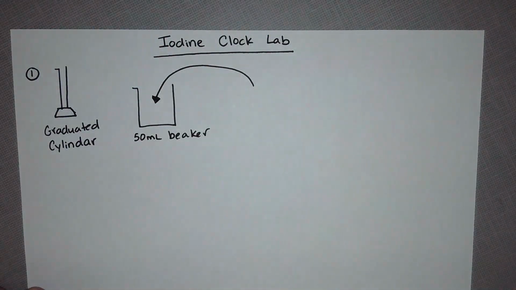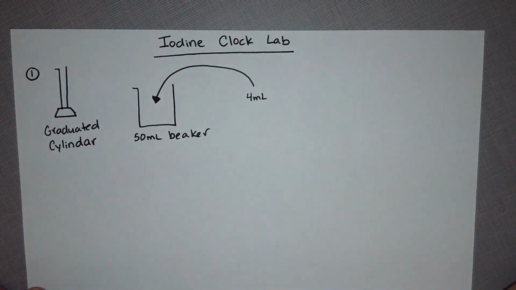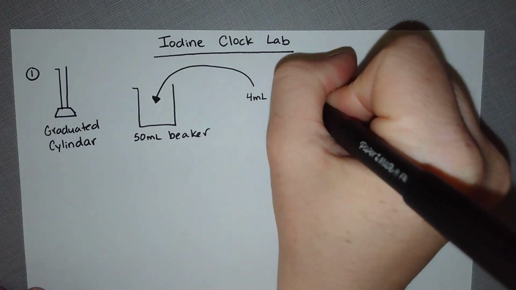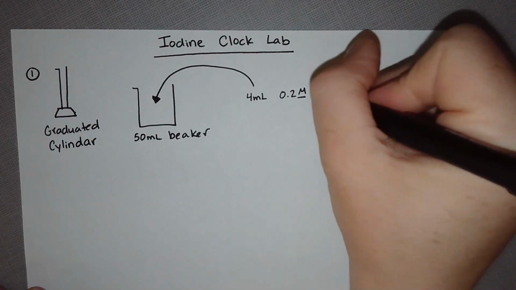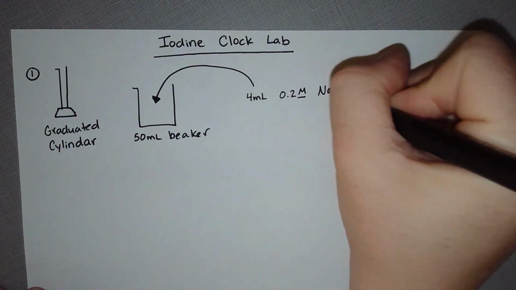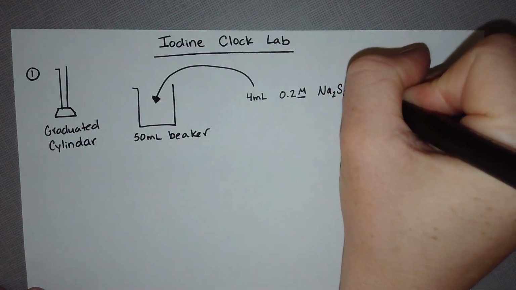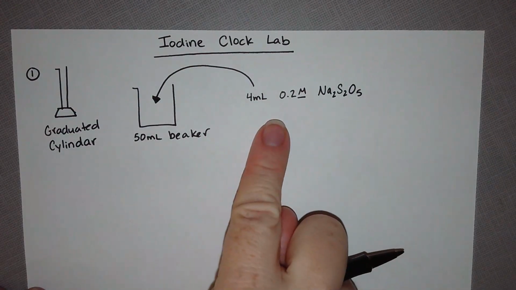is sodium metabisulfite. And we don't need much of it. We need 4 milliliters. And the abbreviation, which is what will be on the bottle, is 0.2 molar, referring to the concentration. And the formula being Na2S2O5, being that sulfite. So 4 milliliters of that.